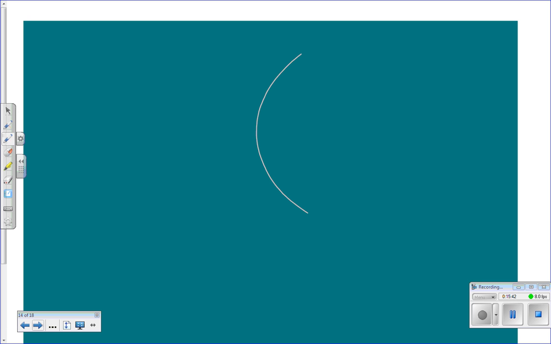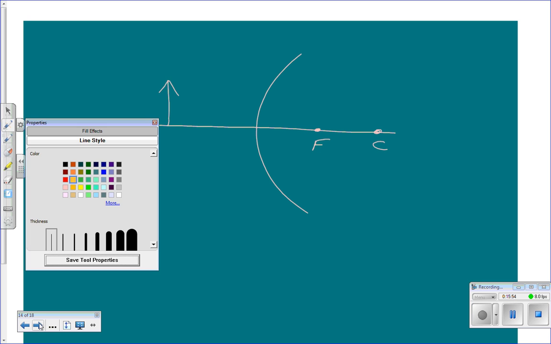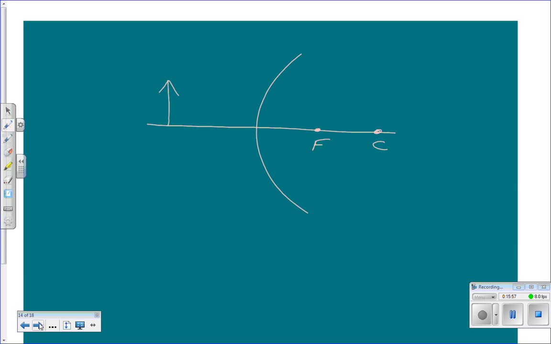So this time it curves the other way. Center of curvature is back here. Focal point's back here. Object's out here in front of the mirror. Ray 1 is still going to go this way and reflect as if it's going through the focal point back here. Close enough.